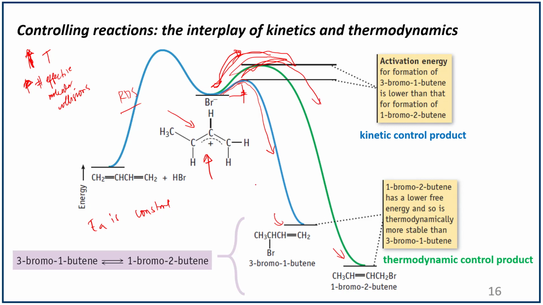And then therefore proceed towards the formation of this product, which remember is more thermodynamically stable than 3-bromo-1-butene. That is why, working at a high temperature, you get the product 1-bromo-2-butene, which we will call here thermodynamic control. And the kinetic control is obtained at lower temperatures just because the activation energy for that reaction is very small.